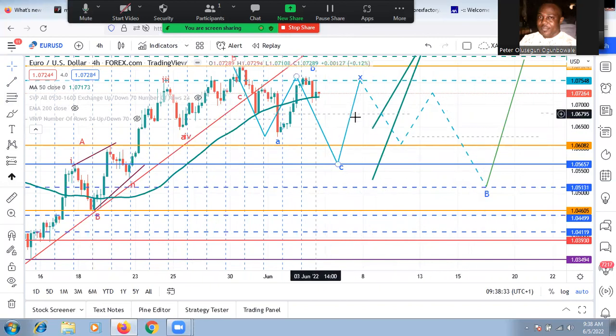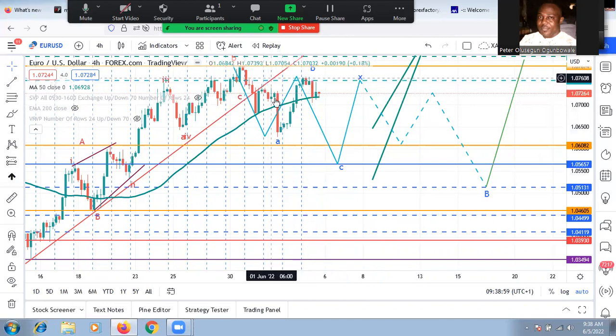But for now, what is clear in the middle is that we may have done an A of the first move and a B and a C. And this is guaranteed for me. Price may go down, but I don't expect that will be the case, given what has been done here.